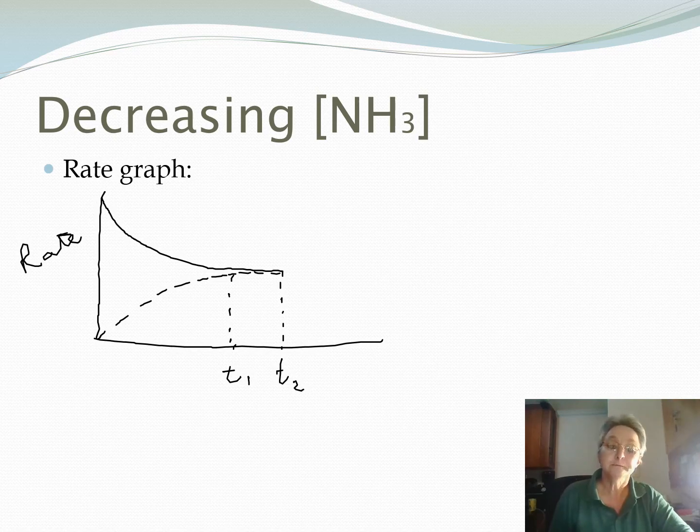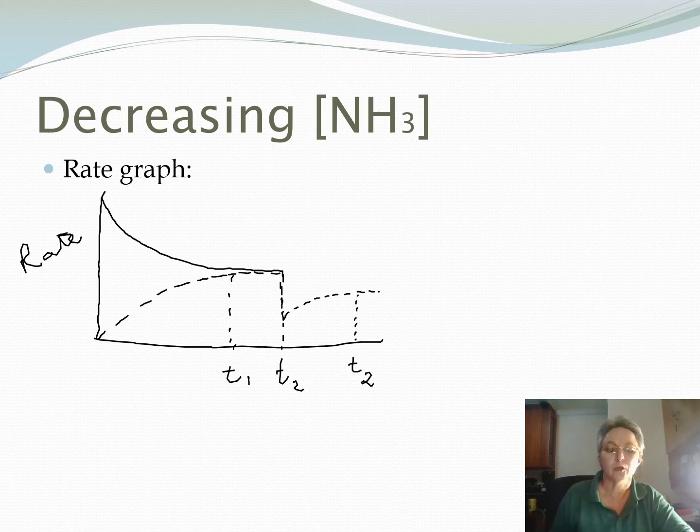So the reverse reaction will actually drop drastically. It will slow down a lot. And then as the hydrogen and the nitrogen react, it will make more ammonia again. But the new equilibrium will be at a lower rate.